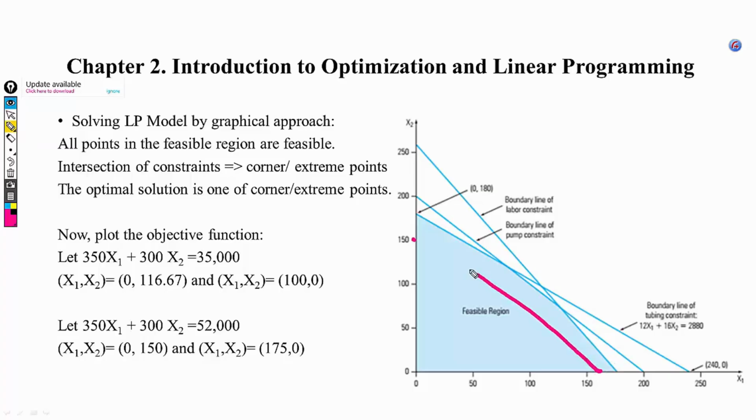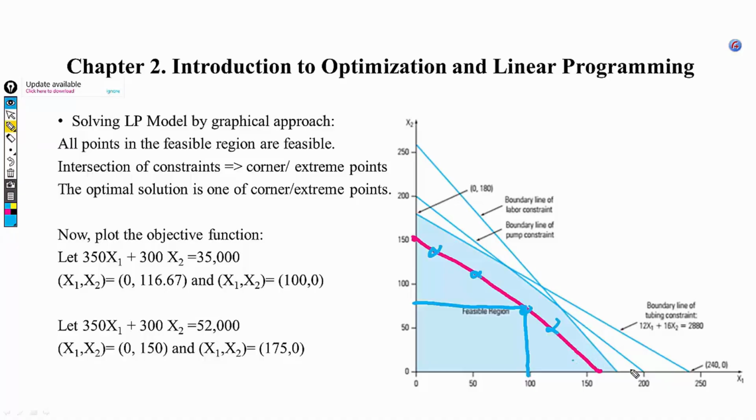And then if I connect this line, every point on this line will have the objective function of 52,000. You can test it. For example, let's say I put 100 and then I can find the point on this line, and you can again plot this line. So all the points on this line have the same objective function of 52,000.